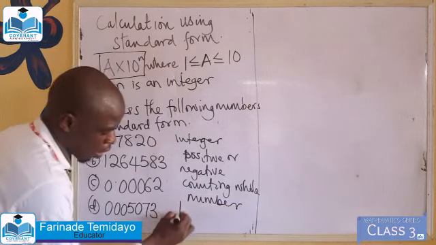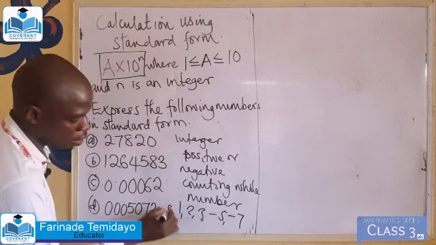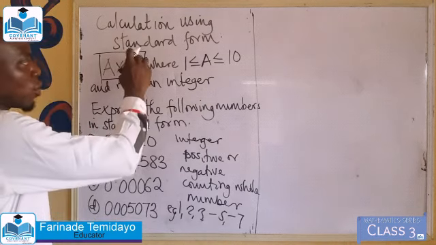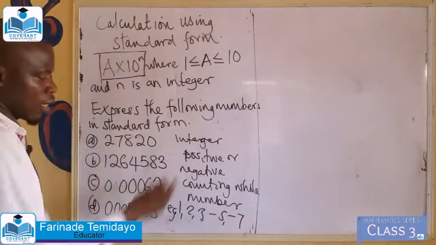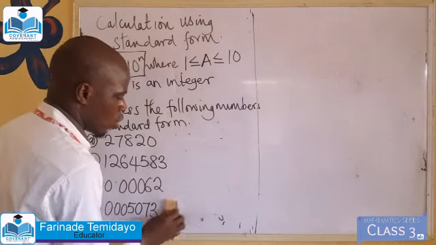Now, for instance, 1, 2, 3, minus 5, minus 7, all these are your integers. So that means your n can be a positive number and your n can be a negative number. We are going to see that in the course of our examples.